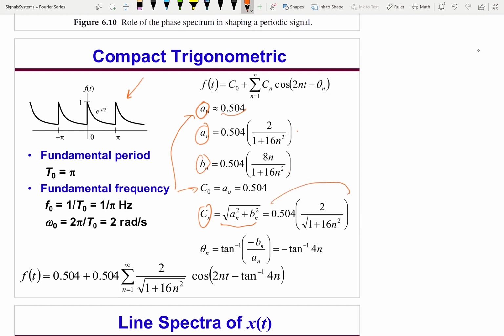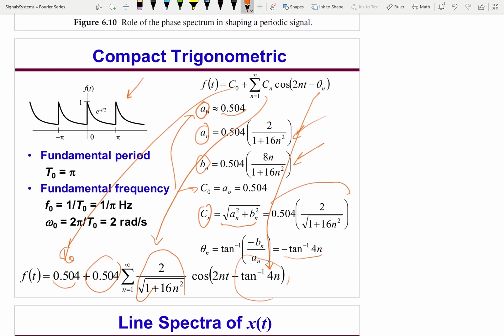Theta n is minus tan inverse bn over an, or tan inverse of minus bn over an, same thing. If you plug in bn, this quantity, and divide it by an, this quantity, you should get this one. And the compact will be the DC, C0, that's C0 here. Cn is this quantity times 0.504, and theta n is this quantity, and that's the compact.